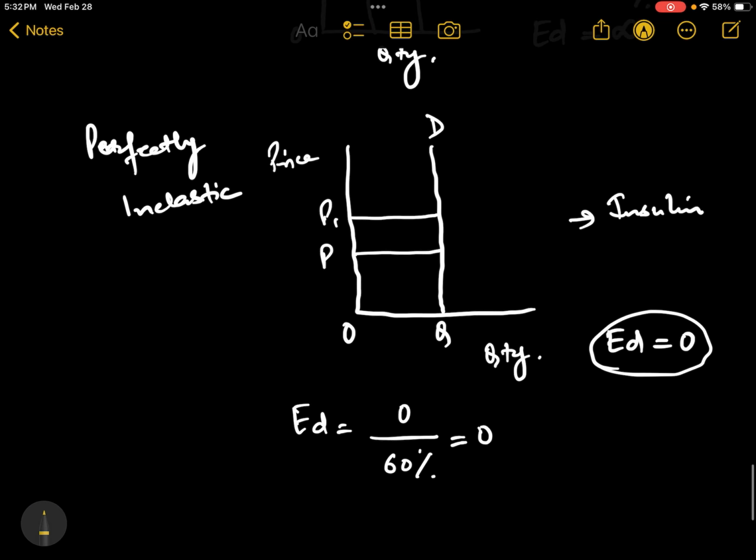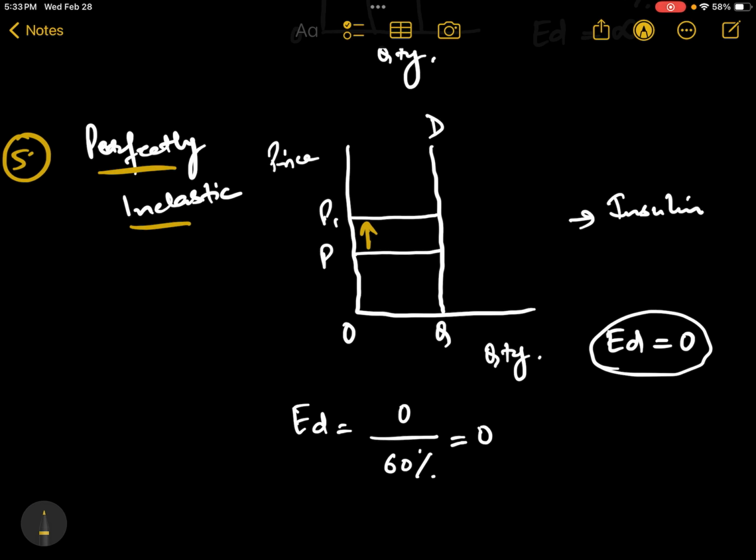And this is your fifth case, where you have perfectly inelastic demand curve. Now in this case, what happens? Even if the price increases from P to P1, the demand does not change at all. So let's say in the case of insulin or any type of medicine which has no close substitutes, we have only one type of medicine available and people's lives depend on it.